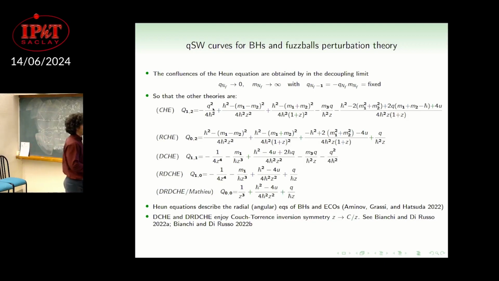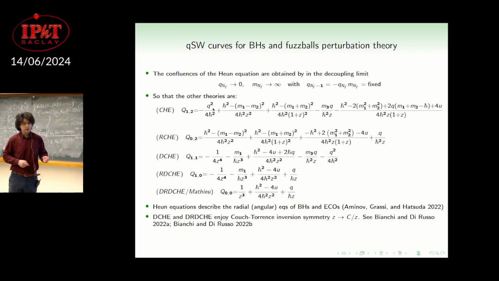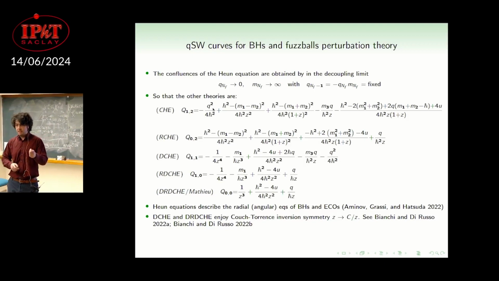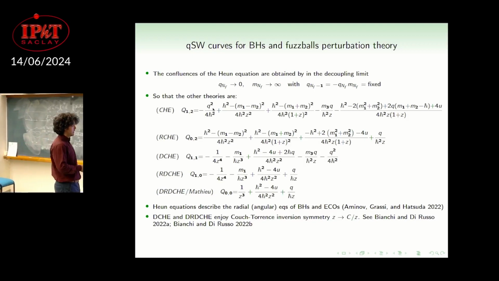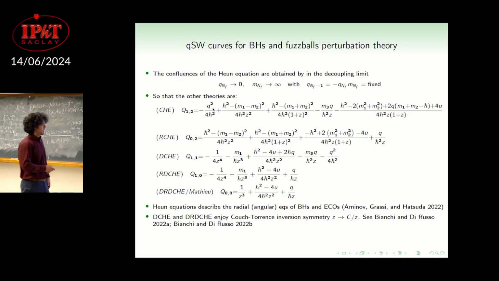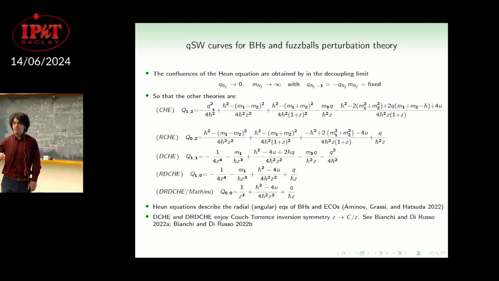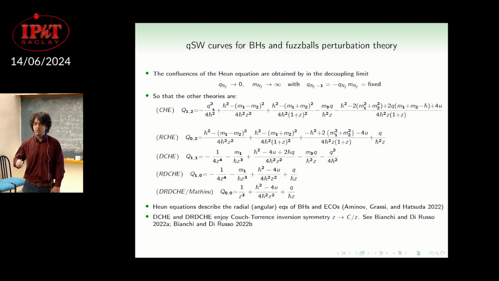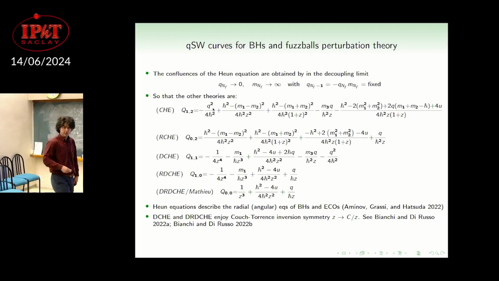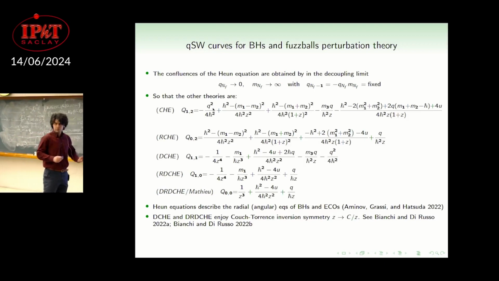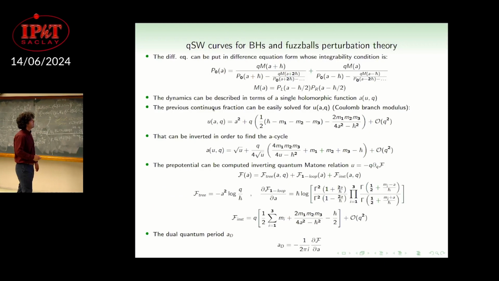For a black hole, the point which is kept fixed is the locus of the unstable photosphere. This is a symmetry called the Couch-Torrence symmetry, and it is a symmetry of extremal black holes like extremal Reissner-Nordström, and D3 branes and bound states of D3 branes. But I will not talk about this now.